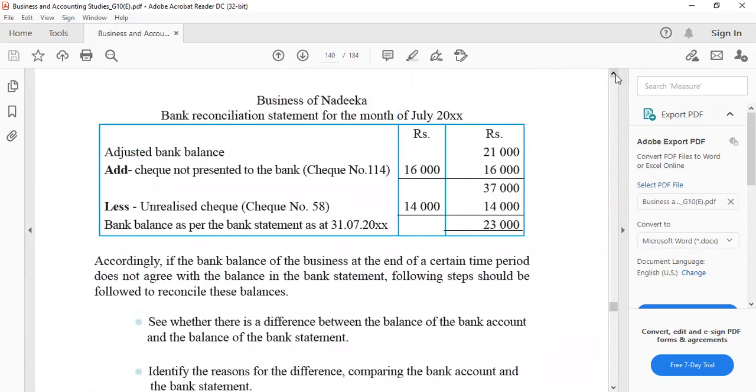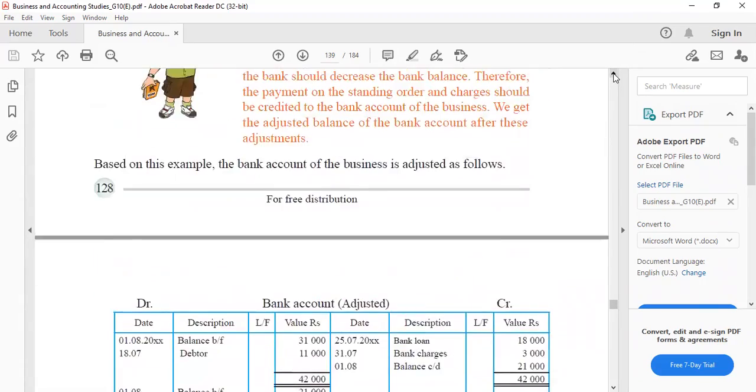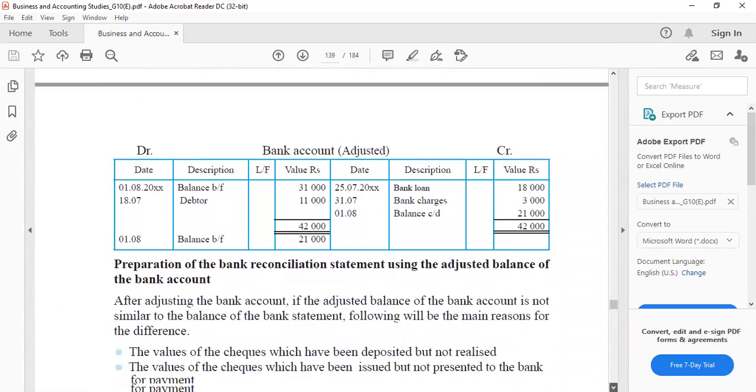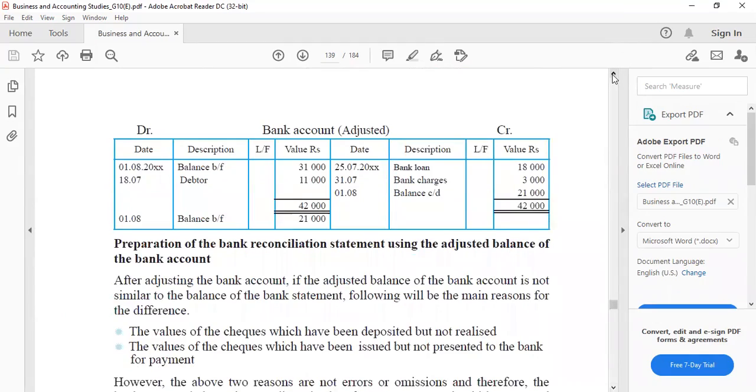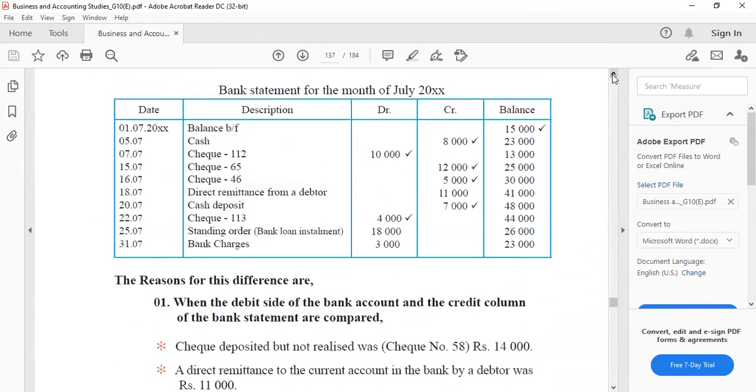Now this 21,000 you must use to make the bank reconciliation statement like this. You can start with the 21,000. Then you must add unpresented checks and subtract unrealized checks. We had one unpresented check and one unrealized check.